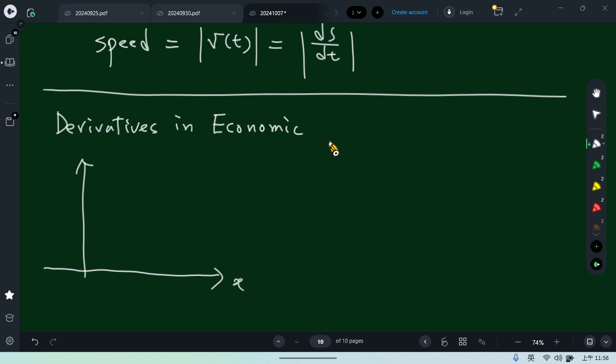For the y-axis, we are talking about its cost. So when we model it, we model the cost as a function, y is equal to c of x. So we talk about the cost function of production.